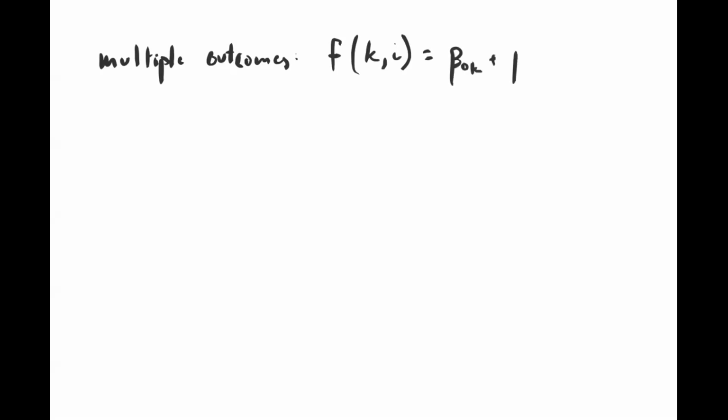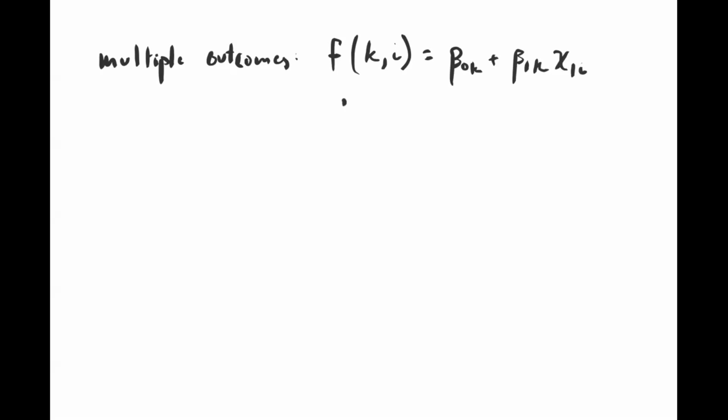So multiple outcomes. This is F_k of i, beta 0k plus beta 1k x1i.